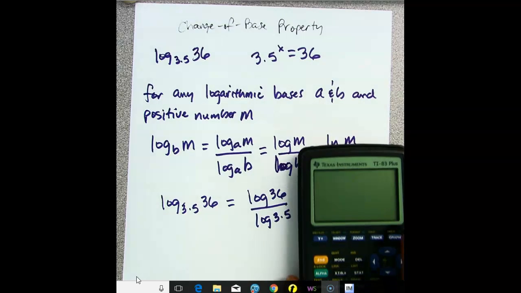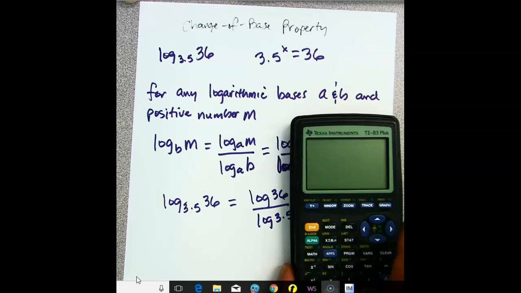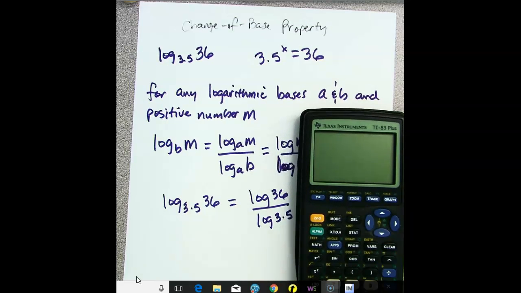So we want the log of 36 divided by the log of 3.5, and we end up with 2.86049239.